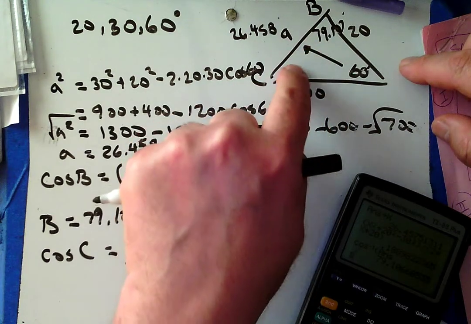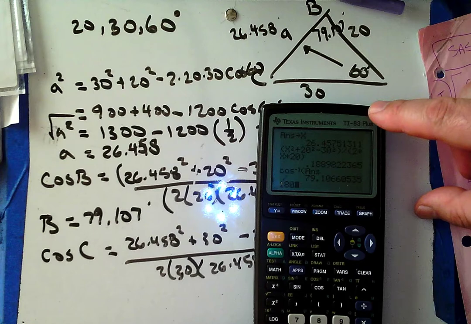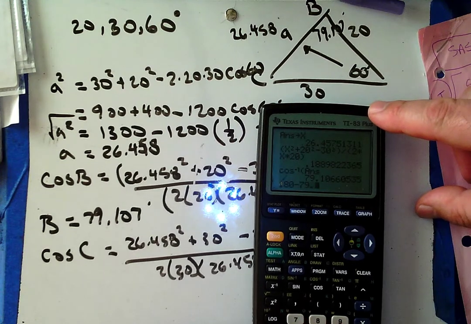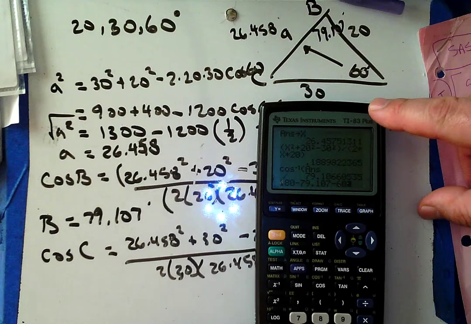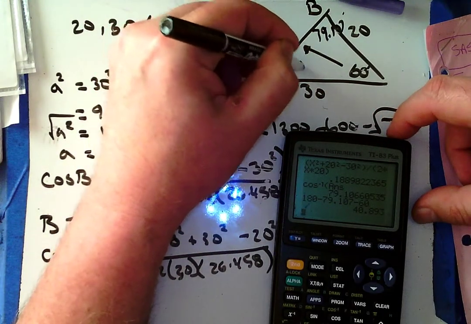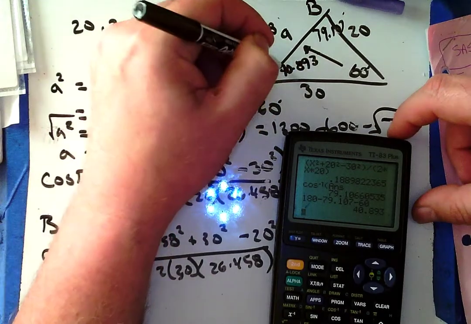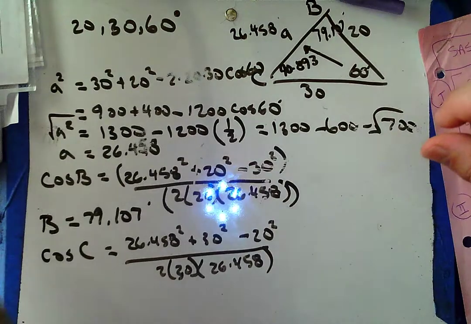And I've got two of them, so I'm just going to subtract those two angles from 180. 180 minus 79.107 minus 60. And I end up with 40.893 degrees.